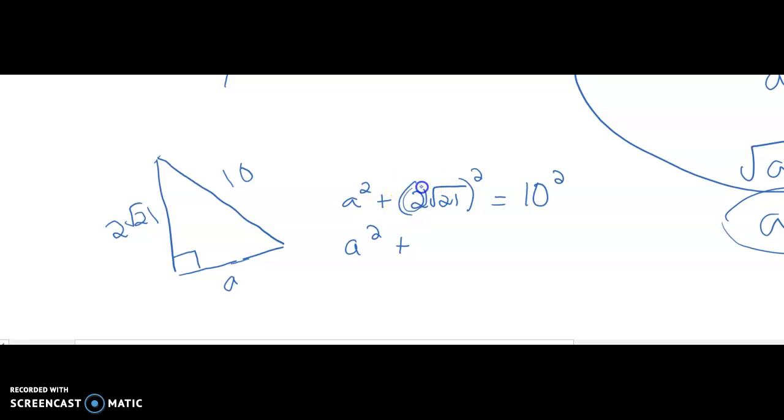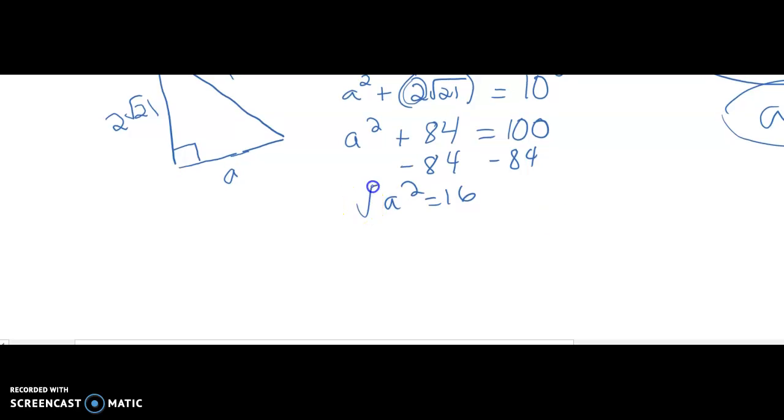We have to square this guy and this guy, so it becomes 4 times 21, which is 84, is equal to 100. Get a by itself, subtract 84, subtract 84. We get a squared is equal to 16. Square root both sides, we get a is equal to 4.